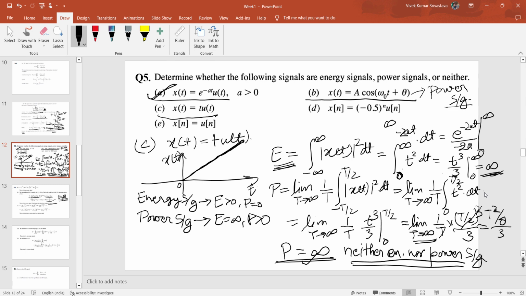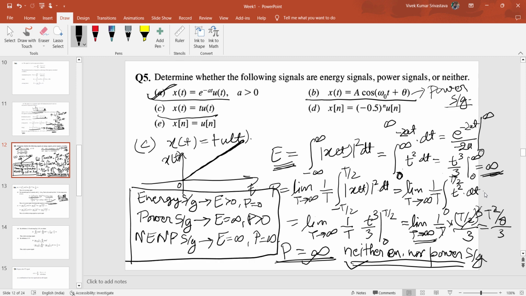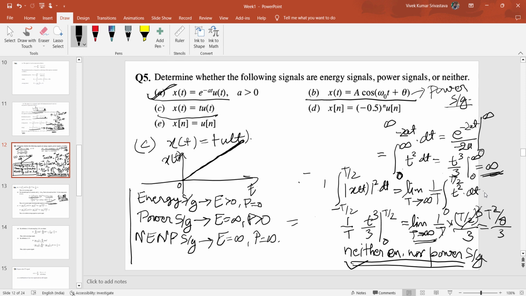And now we have seen the third kind of signal for which energy is infinite and power is also infinite. Such kind of signal is known as neither energy nor power signal. Okay, so these are the three categories of signals basically. So I hope this is clear to you. So we will move ahead and see this next problem.